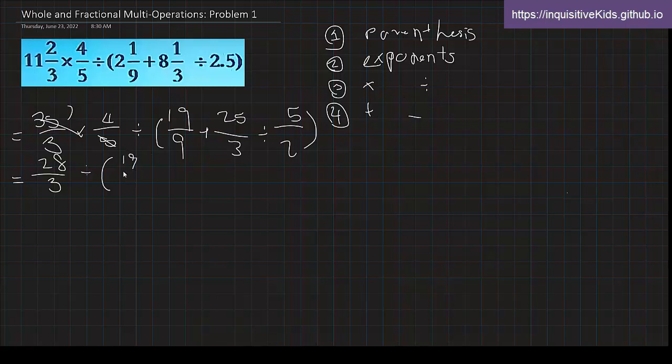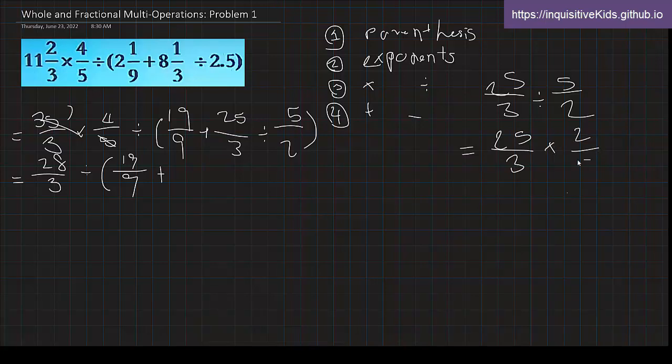So let's leave this 19/9 over here, and we do 25/3 divided by 5/2. When we divide fractions, we always multiply by the divisor's reciprocal, meaning it's the same as 25/3 times 2/5. Now we can simplify. This becomes a 1, this becomes a 5. The final answer is 10/3.